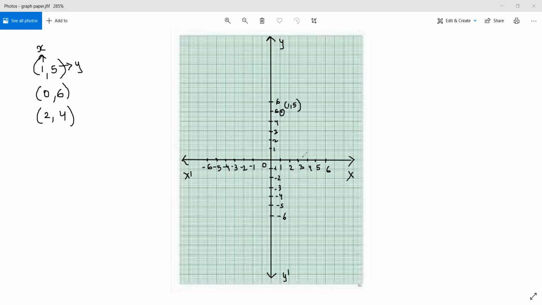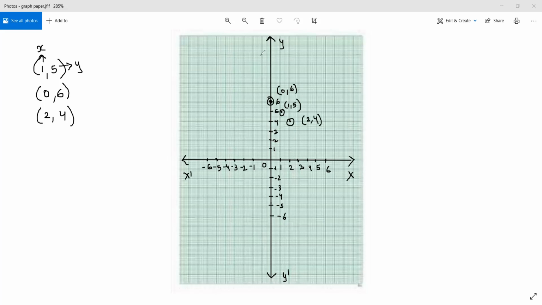Then the next is 0, 6. x is 0 and y is 6. It will come on the point 6 because x is 0. So it is 0, 6. The next point is 2, 4. 2 of x and 4 of y. So it will come here. So this is 2, 4.